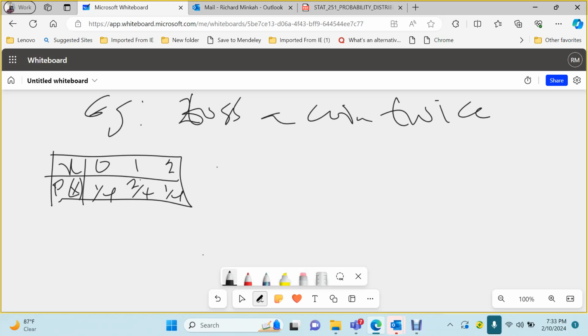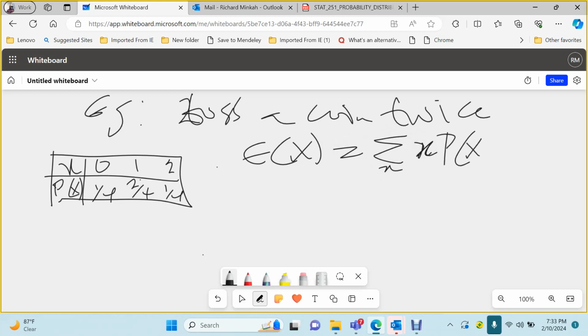Okay. So if we want to find the expected value of x, by definition, the expected value of x will be the sum of x times P of x. Look at the way I'm writing. The small x are values, right?